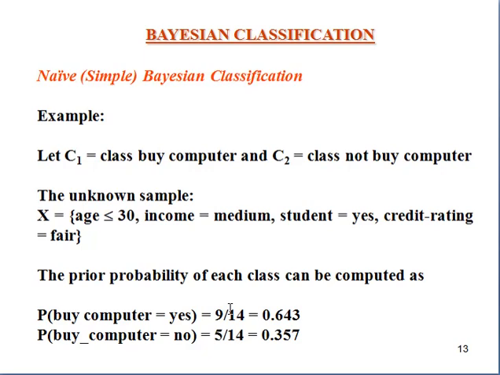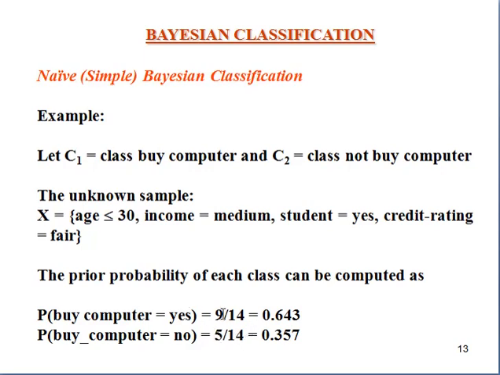And on the other hand, the output class with a no, which represents that the buying of the computer will result in no, is a total of 5 in the data set, right? And again the total number of samples is 14, so here we are dividing 5 by 14.